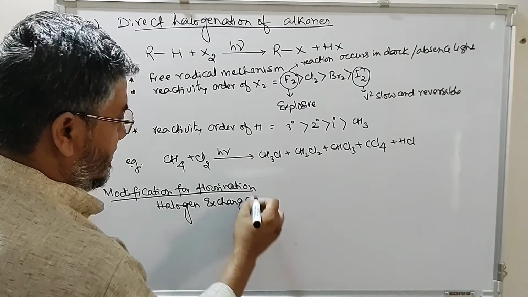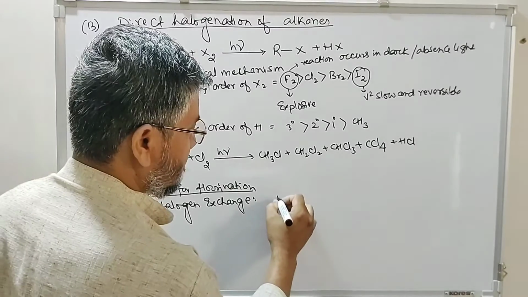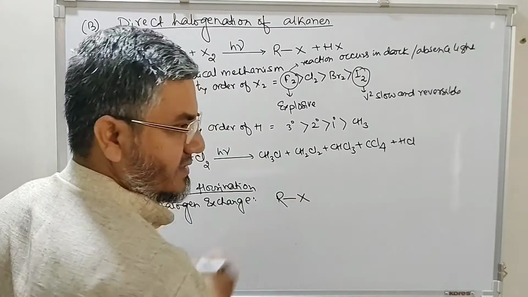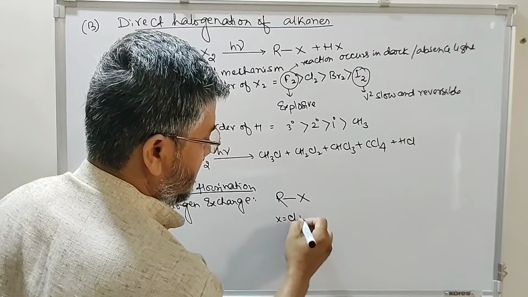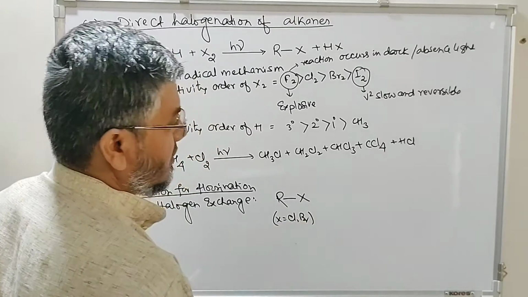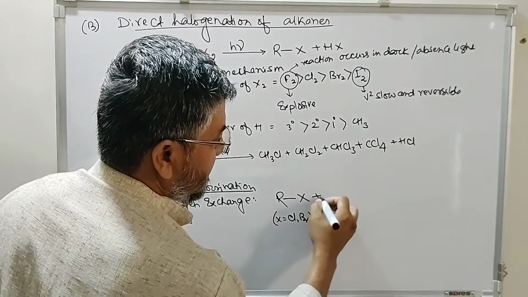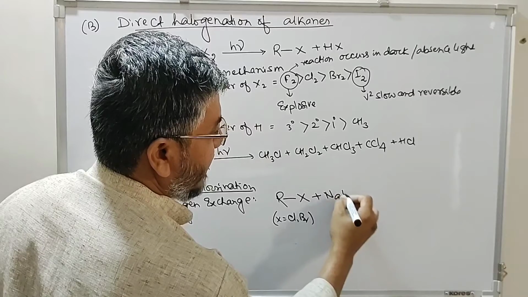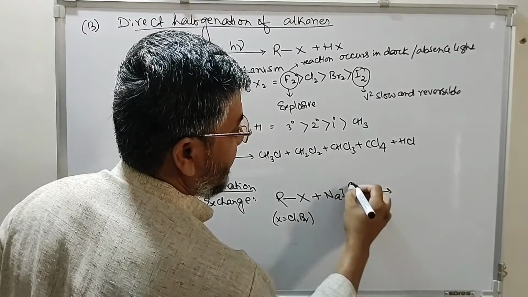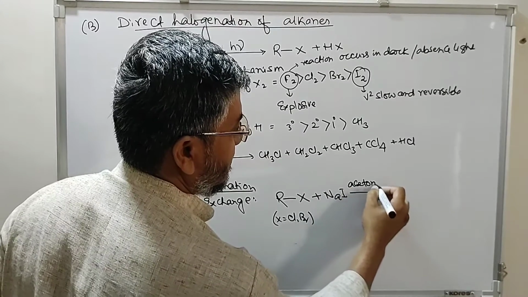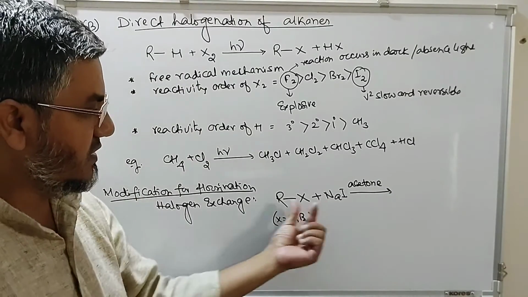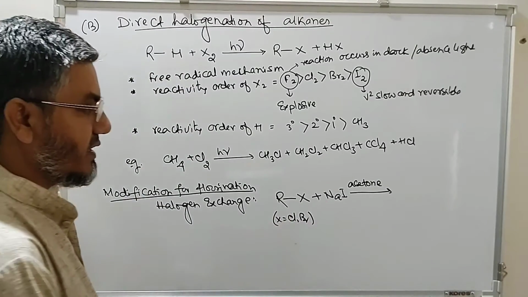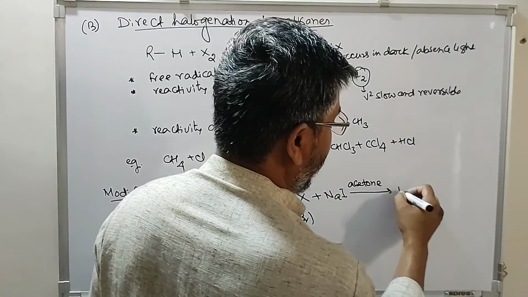So we are starting with RX. Here X is chlorine or bromine. Now this is made to react with sodium iodide in presence of acetone. So sodium iodide dissolved in acetone reacts with RCl or RBr when this X is replaced by iodine.